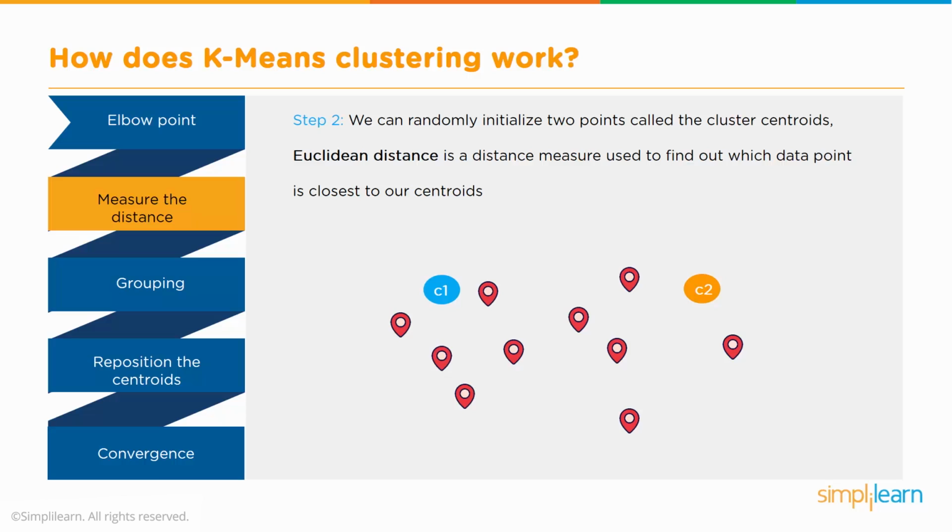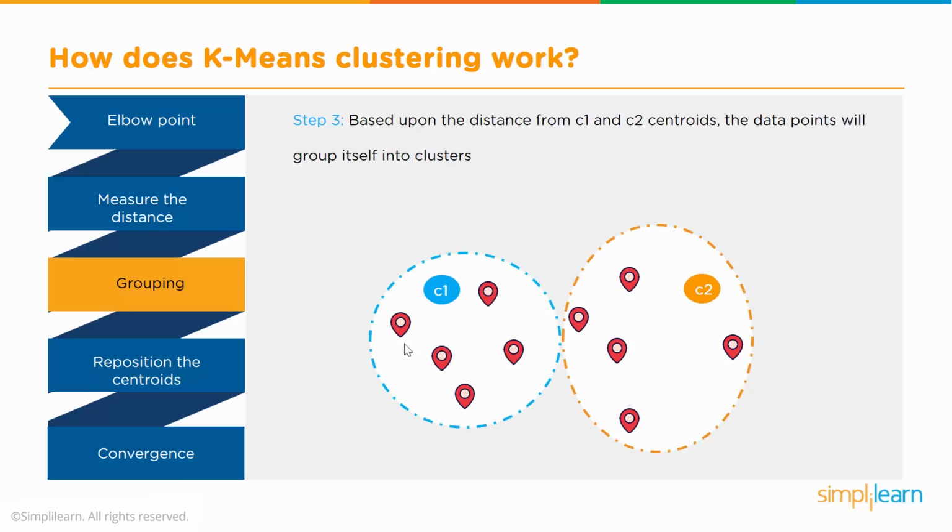For example, these points are obviously closest to C1, whereas this point is far away from C2. So the points close to C1 will be assigned to C1, and the locations close to C2 will be assigned to C2. This is how the initial grouping is done. This is part of C1 and this is part of C2.